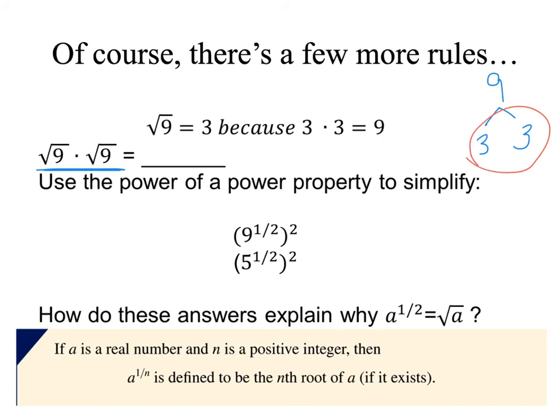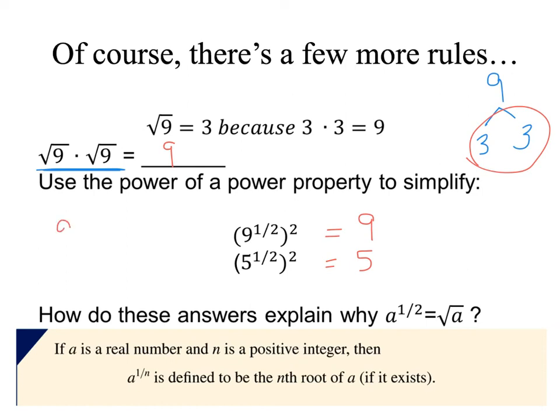So let's look now at 9 to the 1/2 squared and 5 to the 1/2 squared. That gives me 9, and this gives me 5, because 1/2 times 2 gives me 1. So let's look back up here. The square root of 9 times the square root of 9 is 9. 9 to the 1/2 squared is also 9.